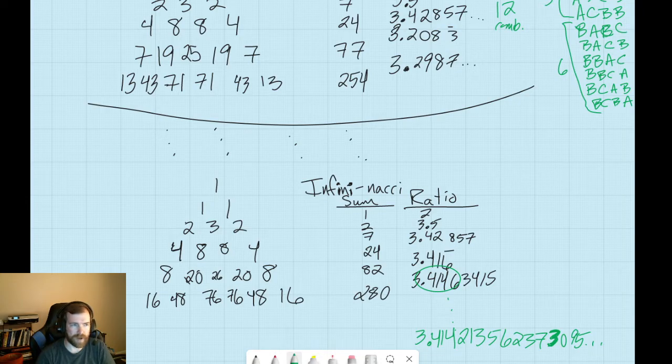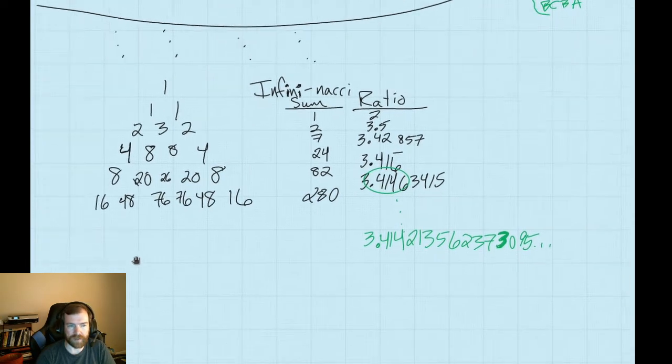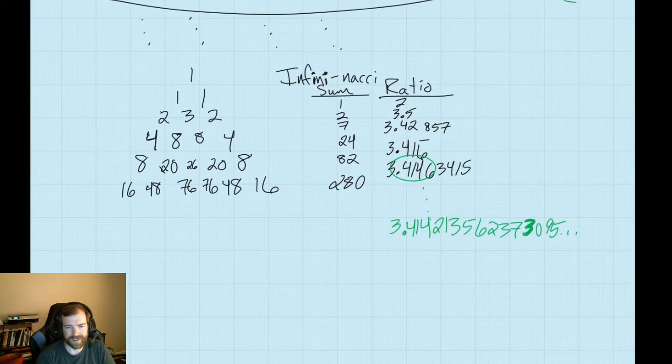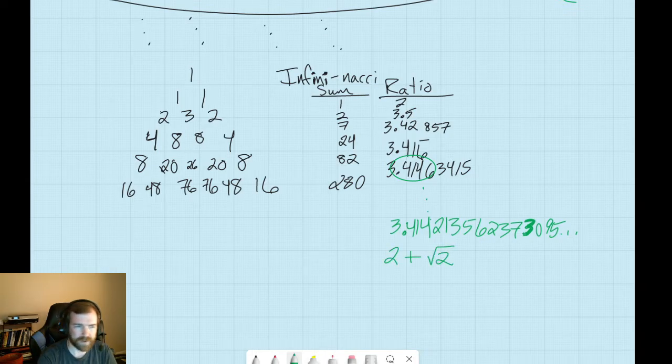I plugged it into MATLAB and told it to give me like 100 decimal places or something like that, and it did, and it matched for both of these. So I knew that at the very least it was really close. But I understood what the number was. I don't necessarily understand why it is that number in particular. So the number in question is going to be 2 plus square root of 2.